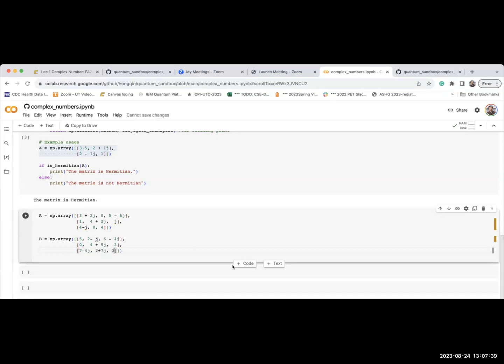Okay, so now we need to do a matrix multiplication. How are we going to do that in NumPy?